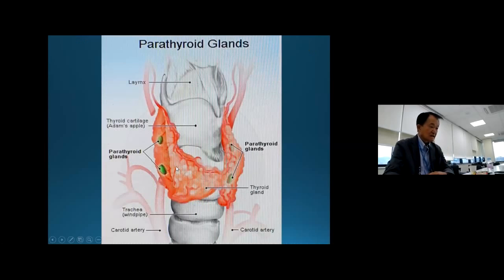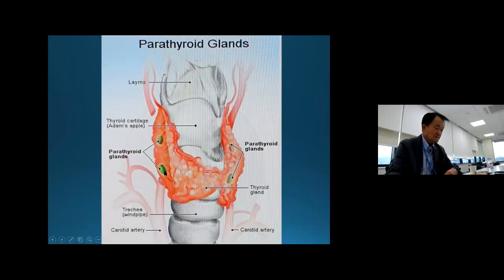Okay, now the parathyroids, as I mentioned earlier, are located posterior to the thyroid, okay? And the thyroid itself is very fragile, and these are very tiny, small organs.